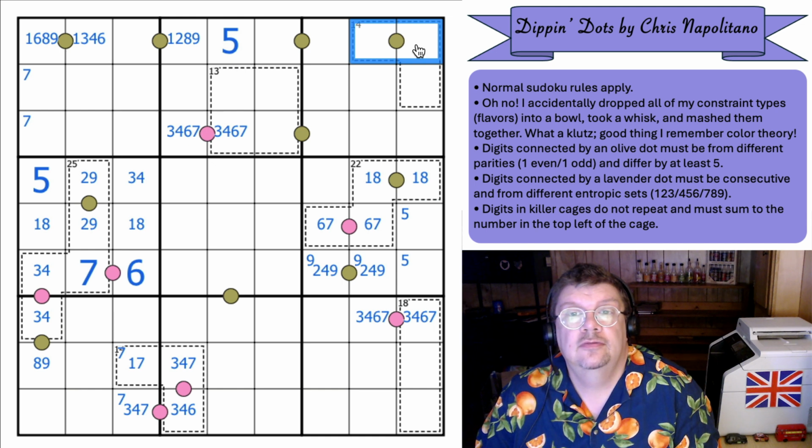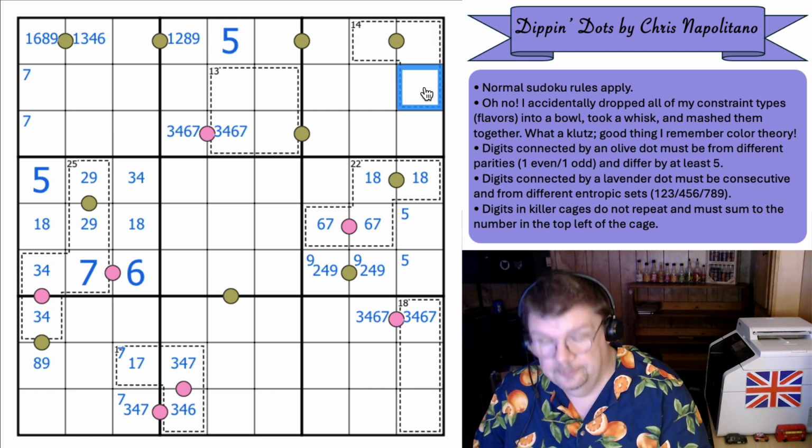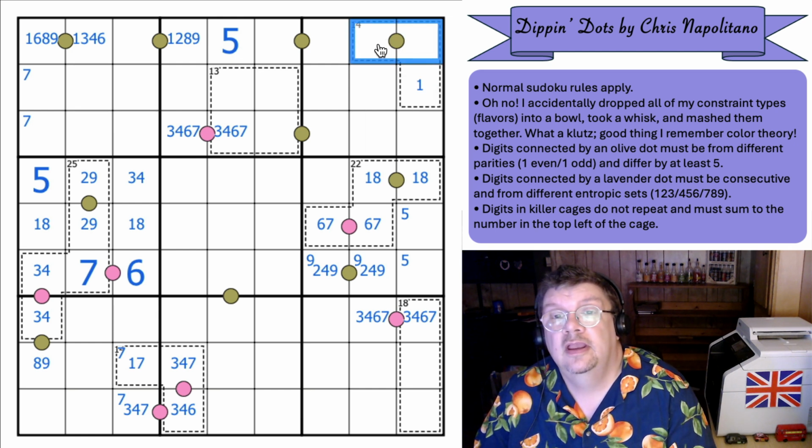Let's think about this. Okay. If that's 9, 4, then that makes 13, and this is a 1. If that's 8, 3, that's 11, and this is a 3, but I can't repeat a 3 in the box. So it's not 8, 3.